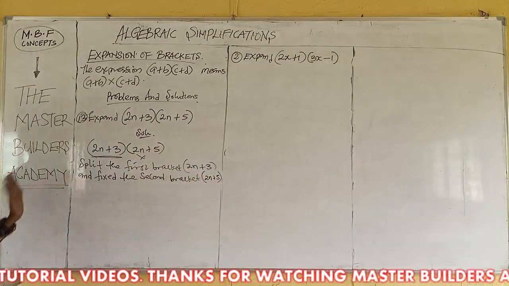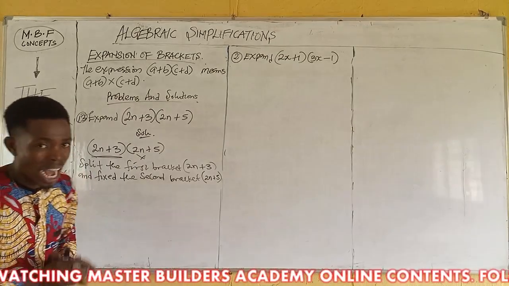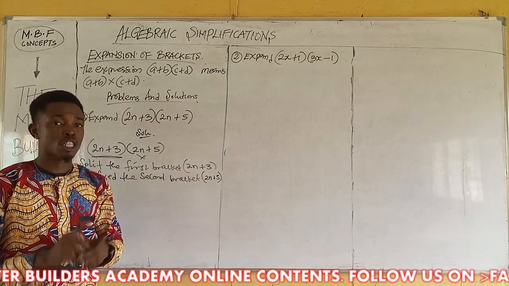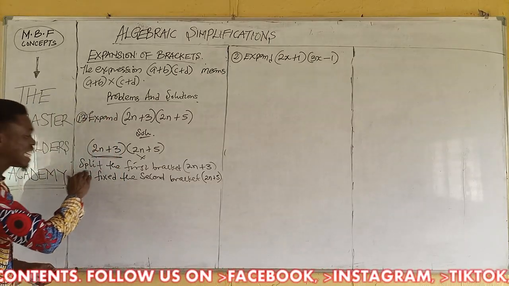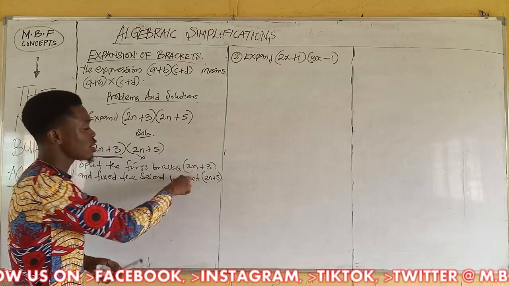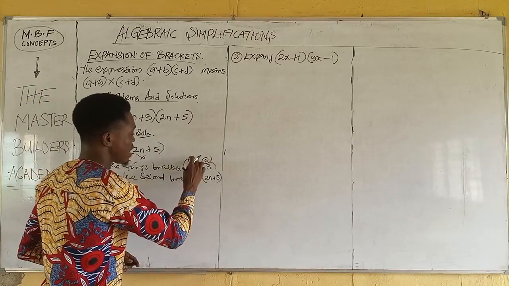Now, what you do here is to split one bracket and feast the other. Split one, then feast the other. We have already agreed that we are splitting this. To split a bracket, we have two terms here: the first term and the second term.